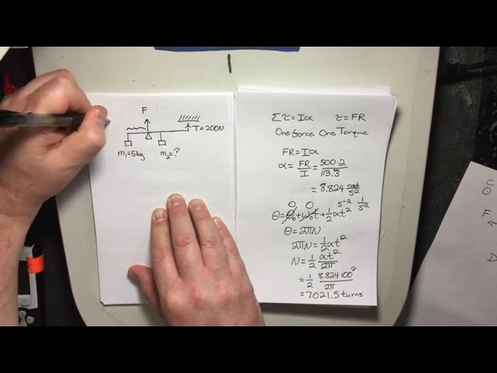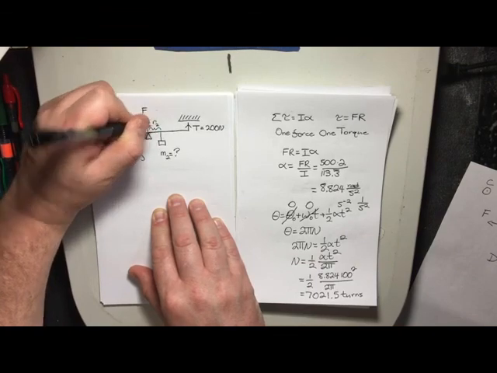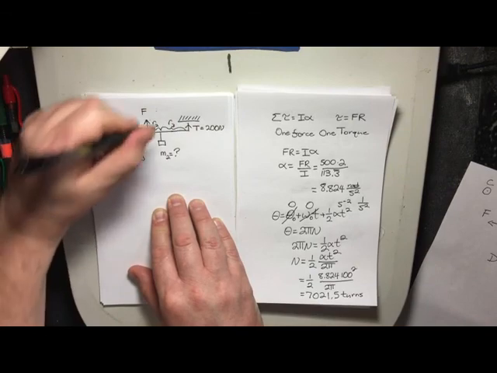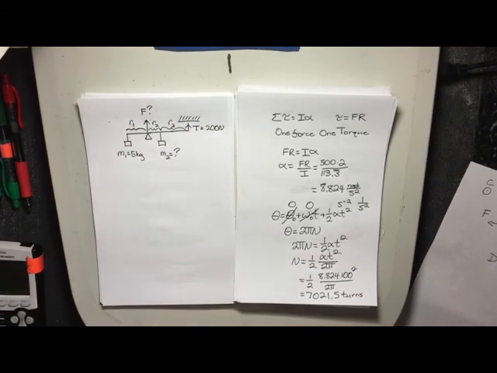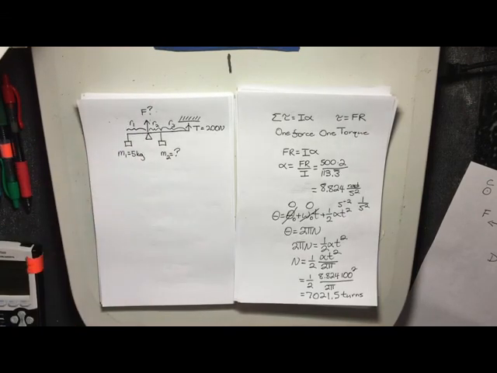This distance is R1, that distance is R2, and this distance is R3. The question is, what is mass 2 and what is the force necessary from the fulcrum onto the bar?